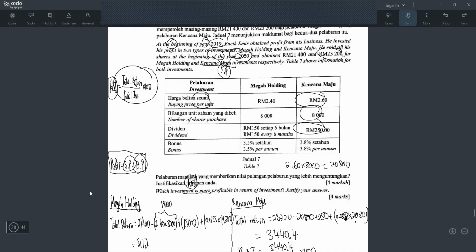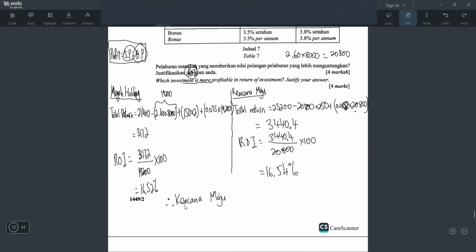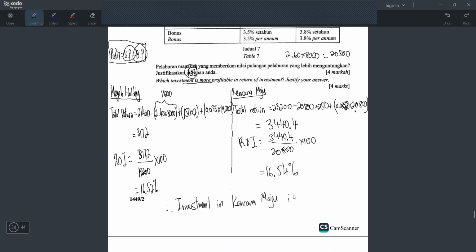Okay, so let's change the way I write this. So we can say investment in Kencana Maju is more profitable. Justify your answer. So because what?